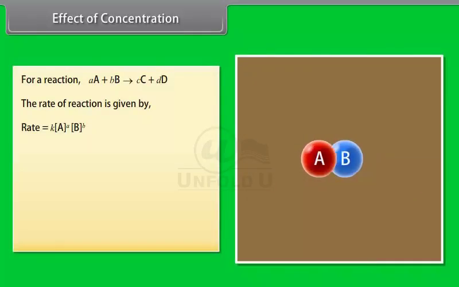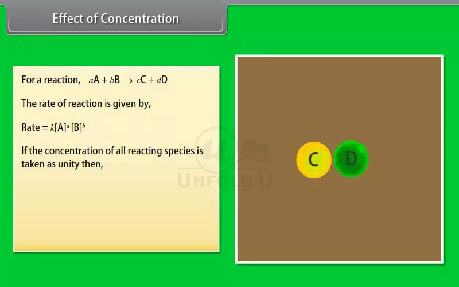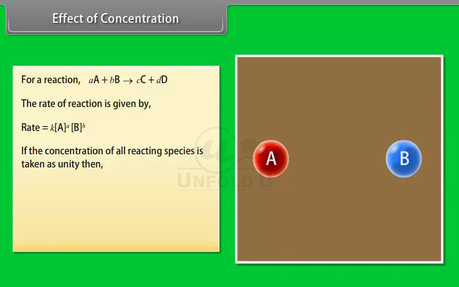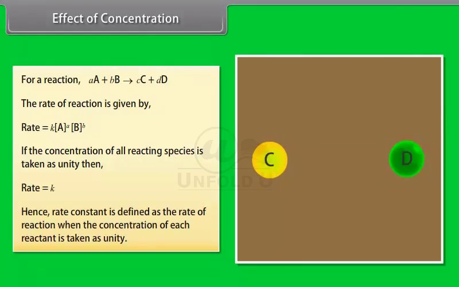For the given reaction, rate of a reaction is equal to K times A raised to the power a, and B raised to the power b. If the concentration of all reacting species is taken as unity, then rate is equal to K. Hence, rate constant is defined as the rate of a reaction when the concentration of each reactant is taken as unity.